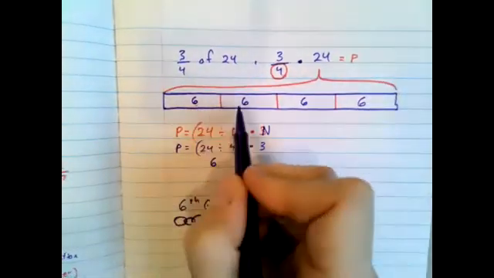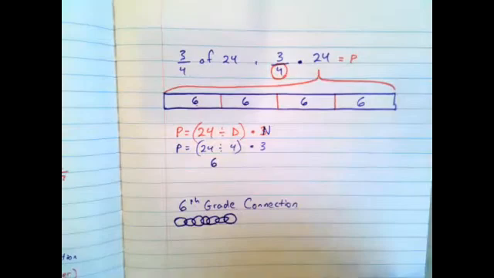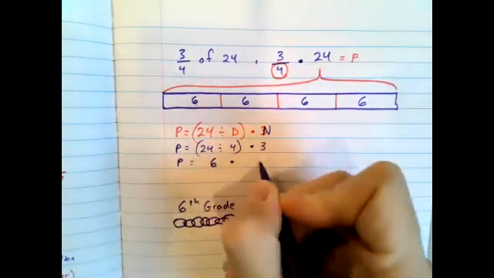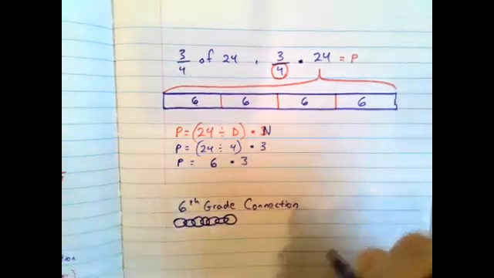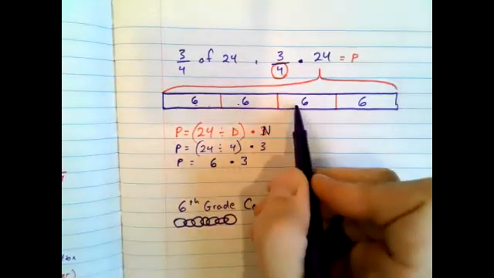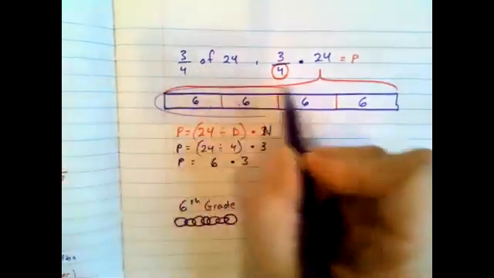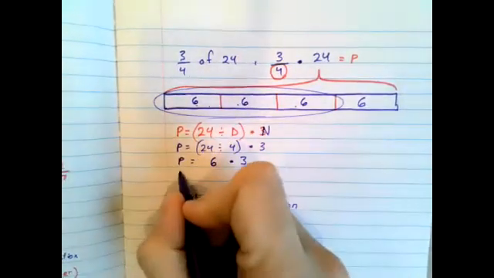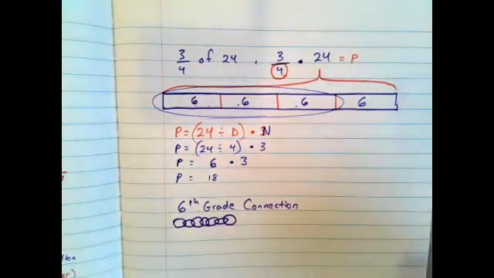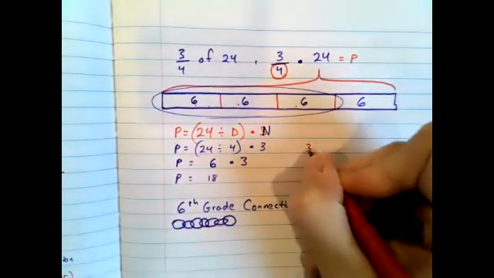Let's double check. 6 and 6 is 12. 12 is half of 24. Okay. So product equals 6 times 3. So if I have 6 and 6, that makes 12. 6 more makes 18. Product equals 18.